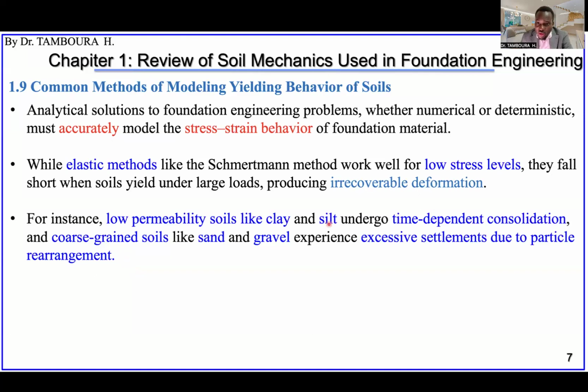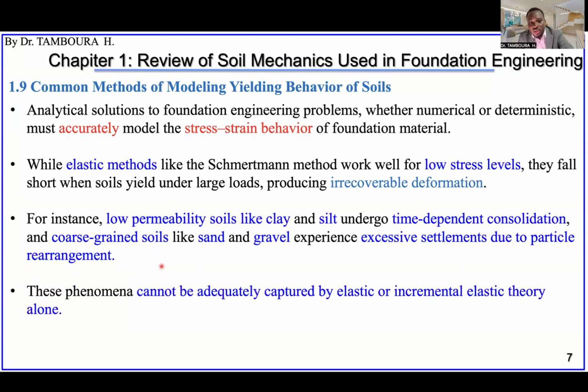So in clay we have this, and in coarse grain, sand and gravel, we will have this particle rearrangement problem. So these phenomena cannot be adequately captured by elastic or incremental elastic behavior alone. For this kind of soil behavior, the elastic method cannot help us. That is the problem.